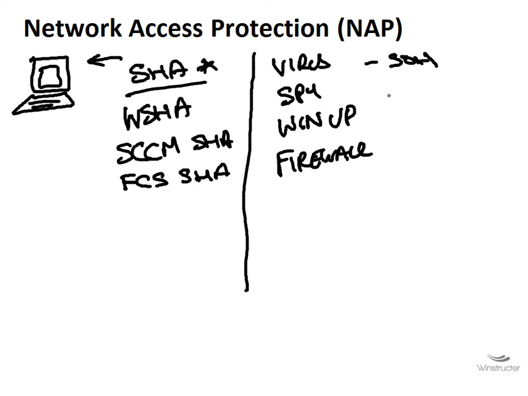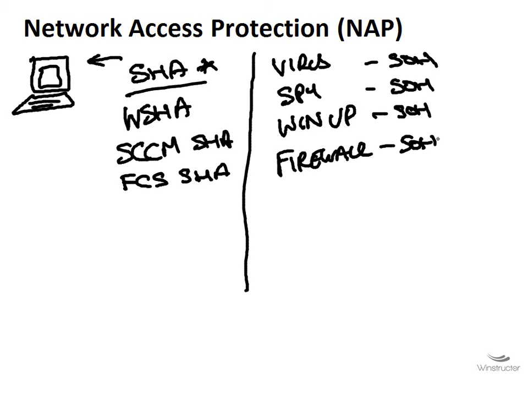So each statement of health is going to detail the exact version of the software that the client has installed. So we're going to have one statement of health here showing us what version of antivirus we have and what definitions we have. Our next statement of health will detail everything here about our anti-spyware product that we're running, the same for our Windows updates, and the same for our firewall.